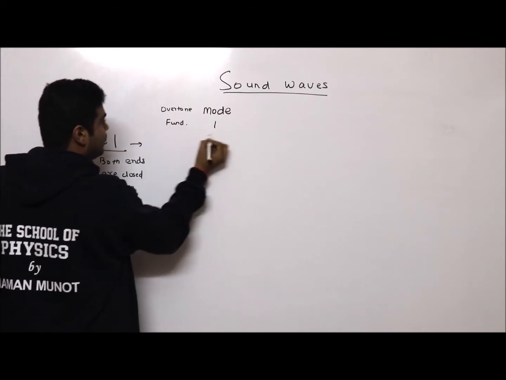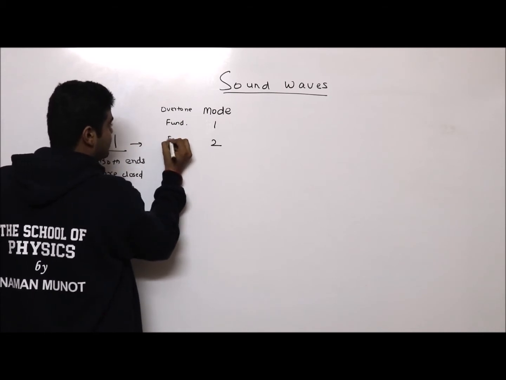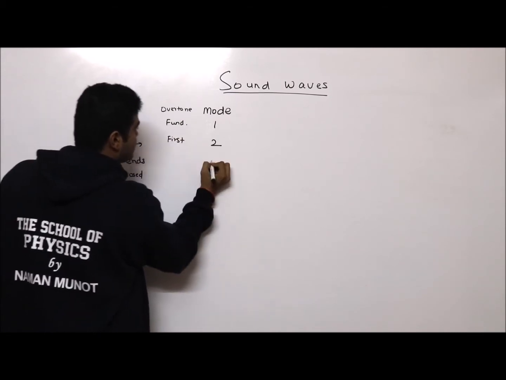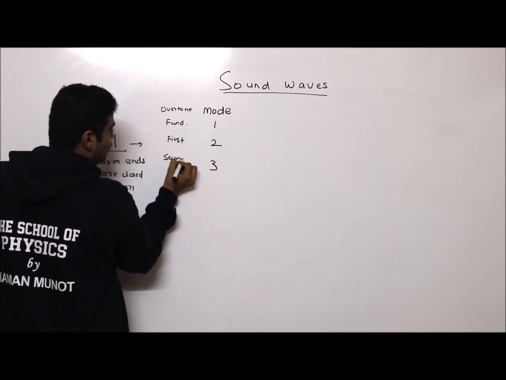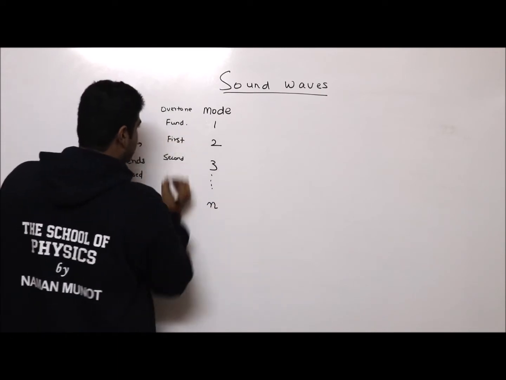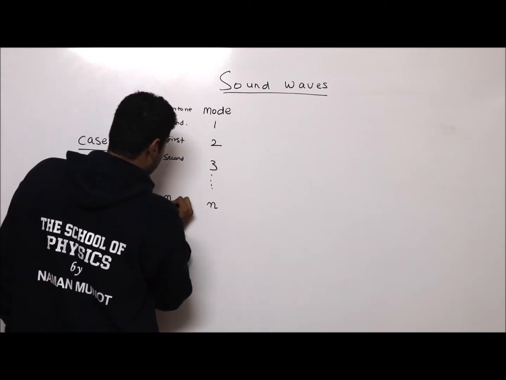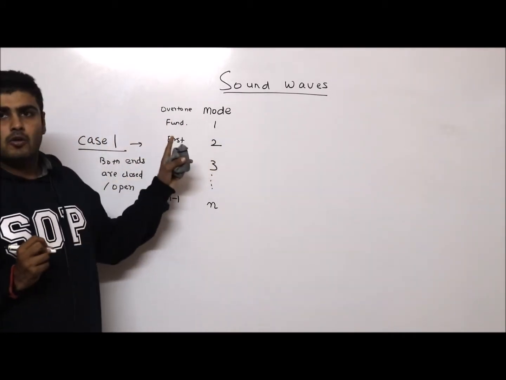If the mode is the second mode, the overtone is the first overtone. If the mode is the third mode, then the overtone is the second overtone. Similarly, if the mode is n, then the overtone is n minus 1. This is how mode and overtone go hand in hand.